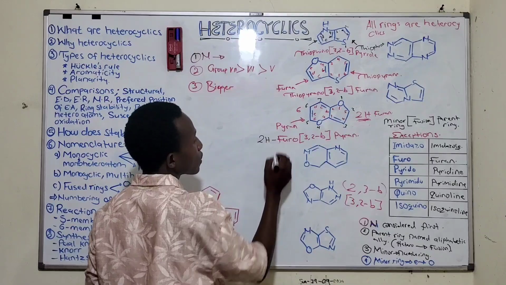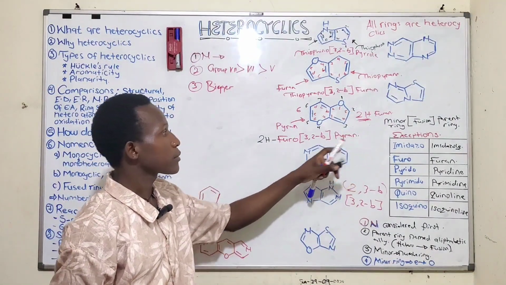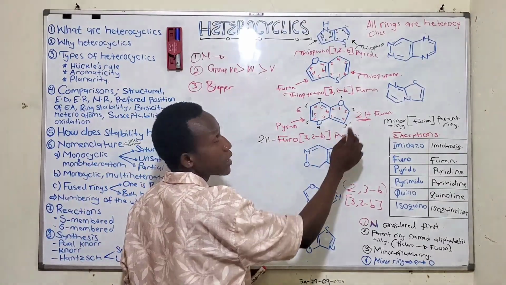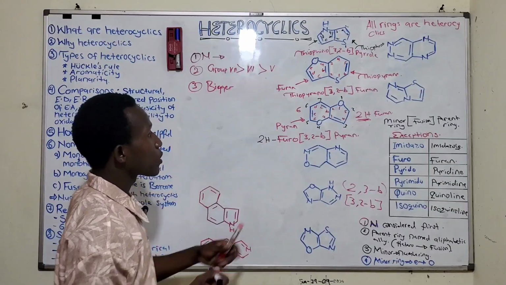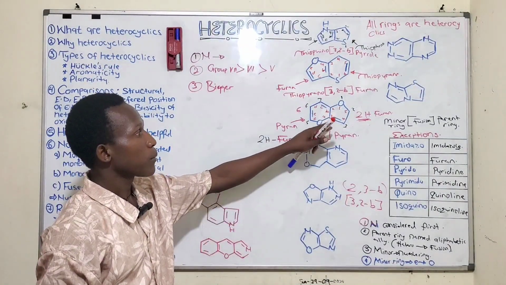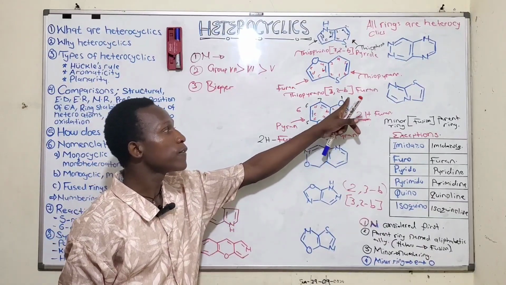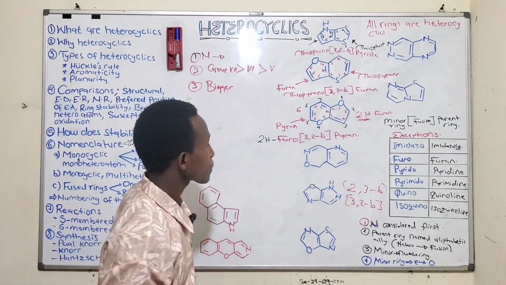So it is 2H, furo, 3, 2B, pyran. This one is given after considering the whole system. Remember, we talked about numbering. So this one will be position 1, not this one, because you want to give lowest locant to the saturated atom.